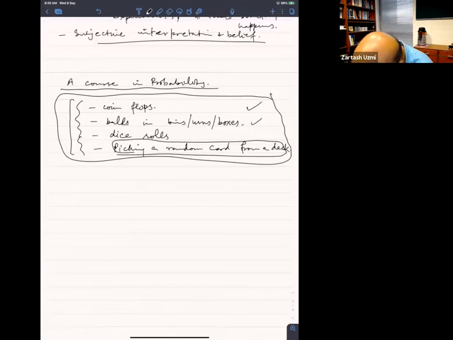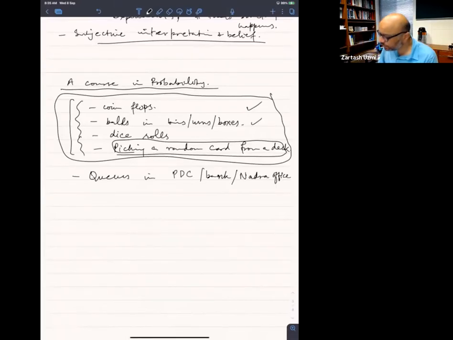So queues in PDC or bank or Nadra office, dealing with those queues, how much time you would have to spend in the queue on average, and things like that, we can solve those problems by using probability theory.